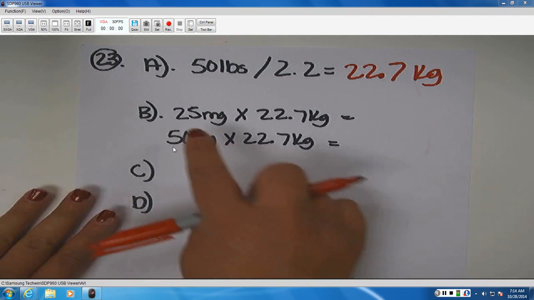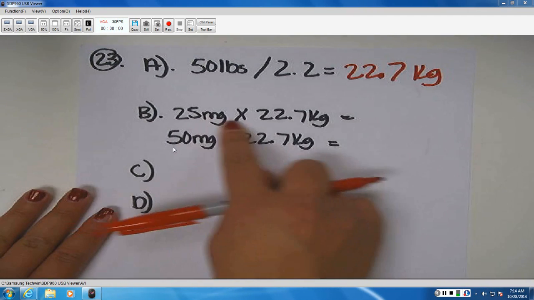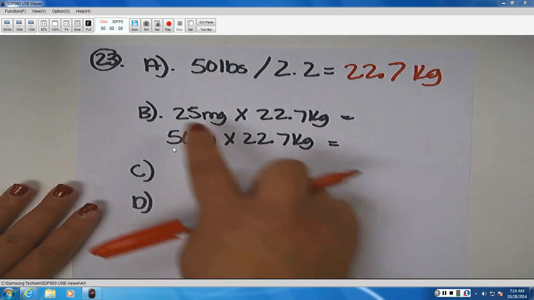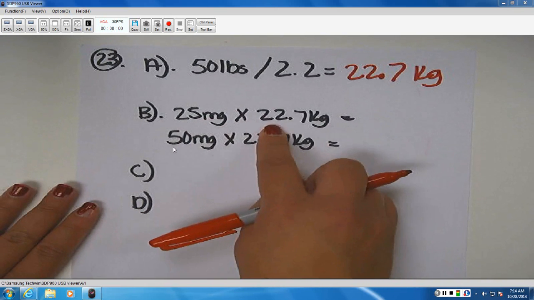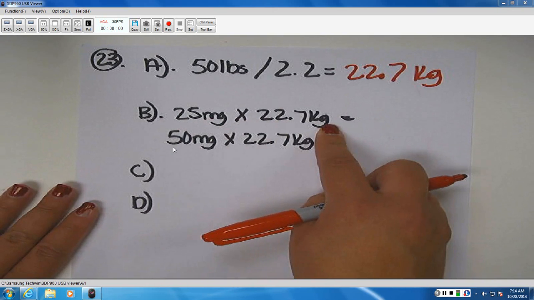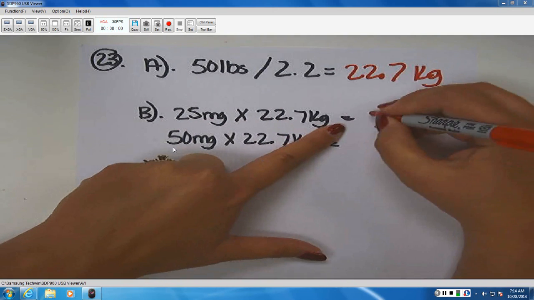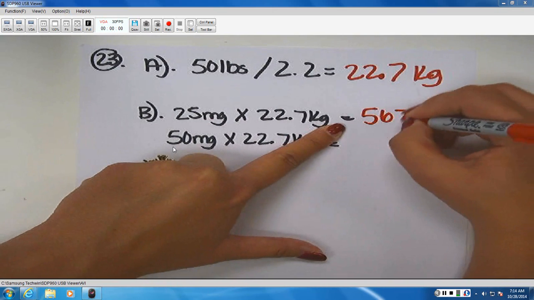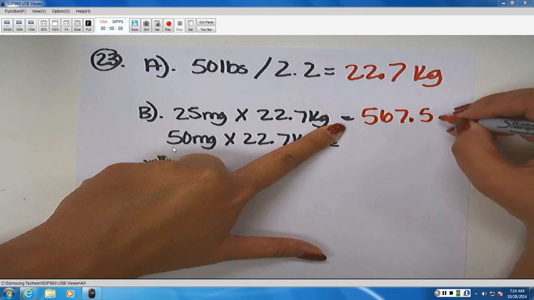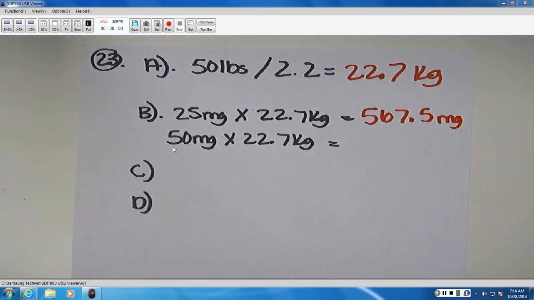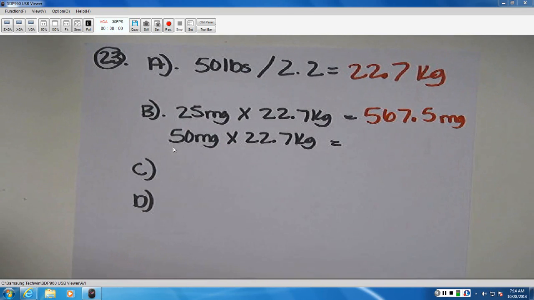So basically you just take 25 milligrams and multiply it by the kilograms, 22.7 kilograms, and that equals 567.5 milligrams, I think. And then we multiply our 50 milligrams by the weight. 50 milligrams times 22.7 equals.